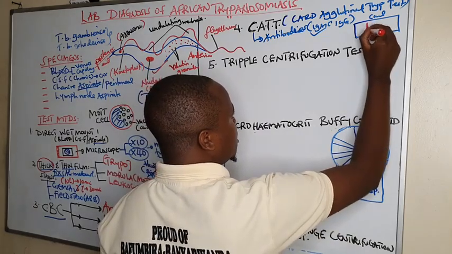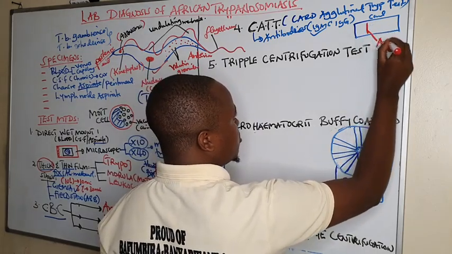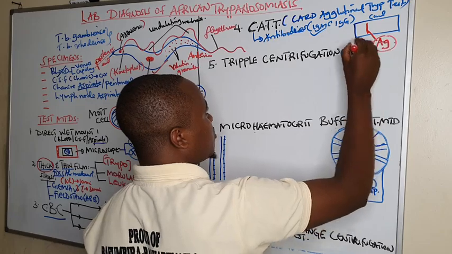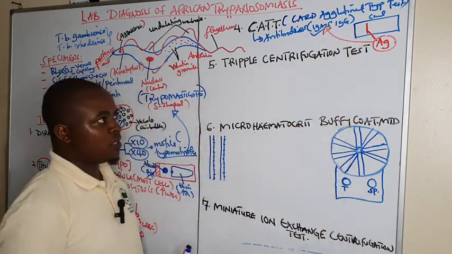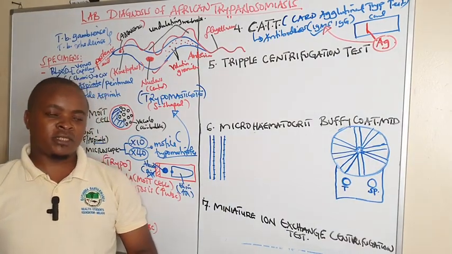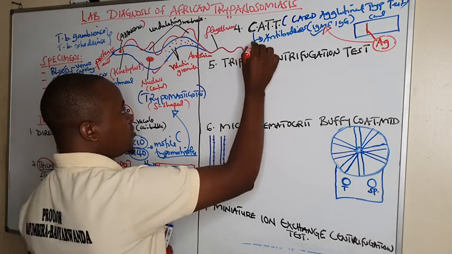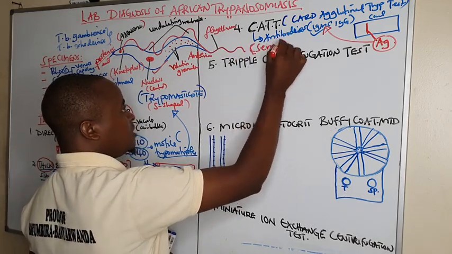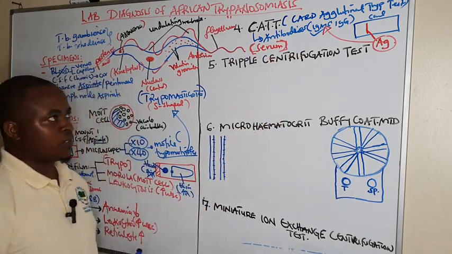it is pre-coated with what we call trypanosome antigen. So these antigens are going to look for the presence of antibodies in a patient's serum. So here the sample we use is serum. Serum is preferred when we are doing antibody tests.